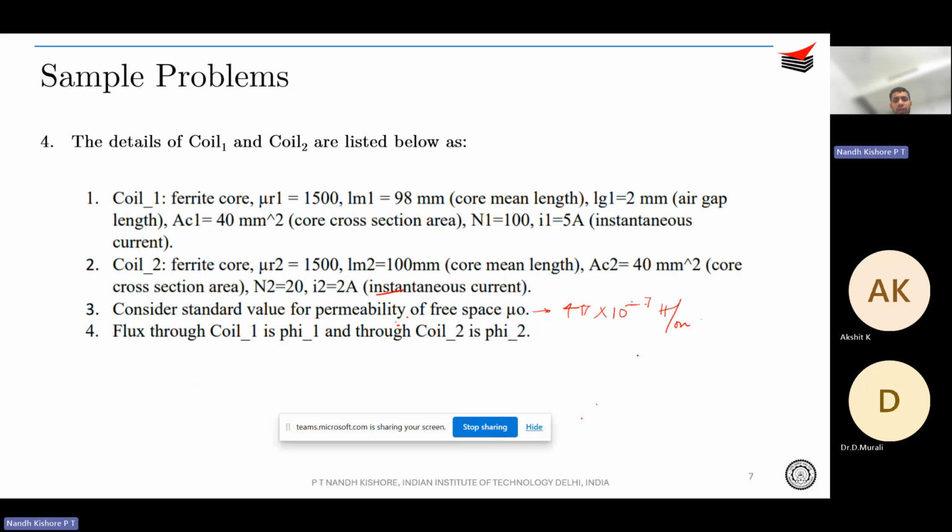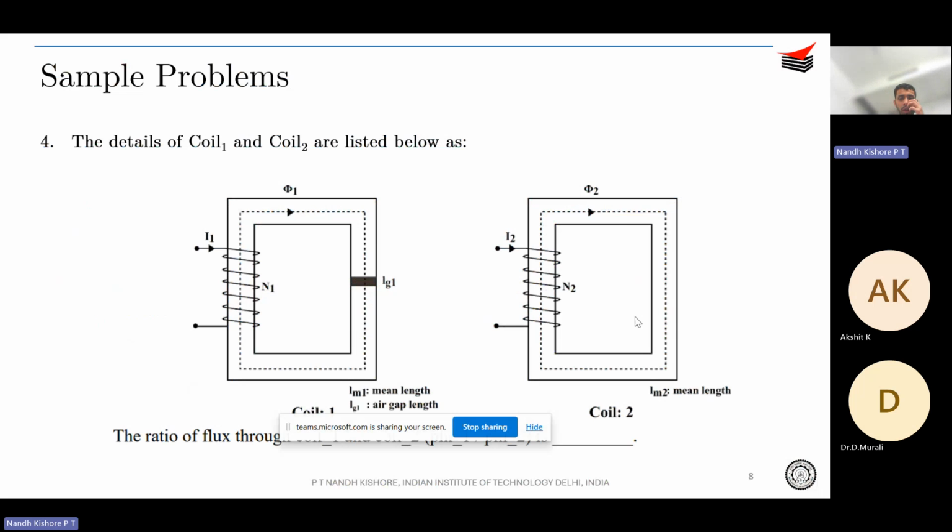Flux through coil 1 is Phi1 and flux through coil 2 is Phi2. So these are the two coils, and LM1 is the mean length and LG2 is the air gap length. The question is the ratio of flux through coil 1 and coil 2. That is, what is Phi1 by Phi2?